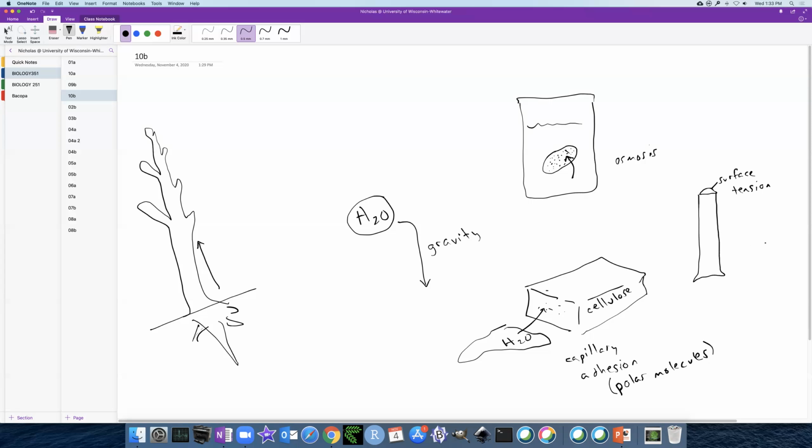They're held together. This is the property of cohesion. So cohesion, a little bit different from adhesion. Cohesion is water sticking to water, and adhesion is water to something else. A little bit of a difference there.